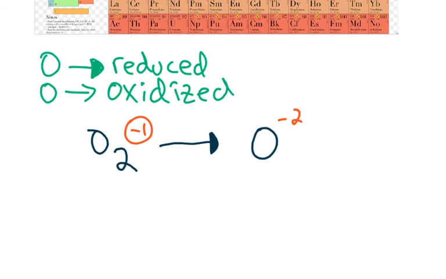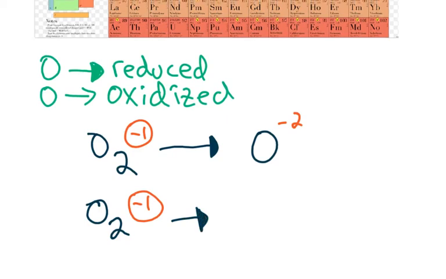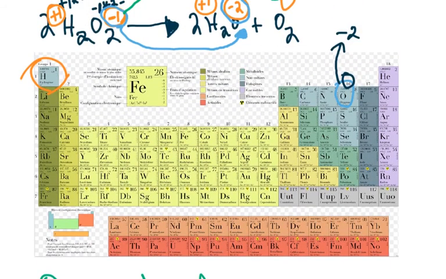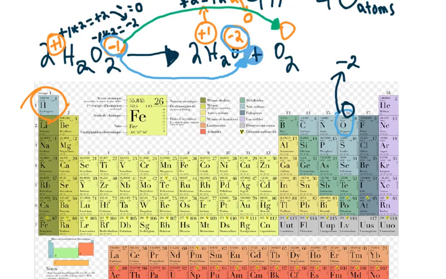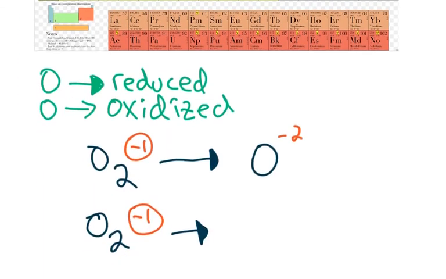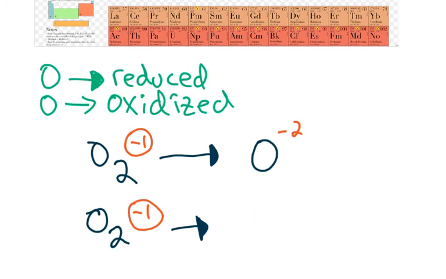So in the diatomic, this is again the two oxygens part of hydrogen peroxide. Now if we look at the diatomic oxygen in specific, we have a 0 oxidation number here.